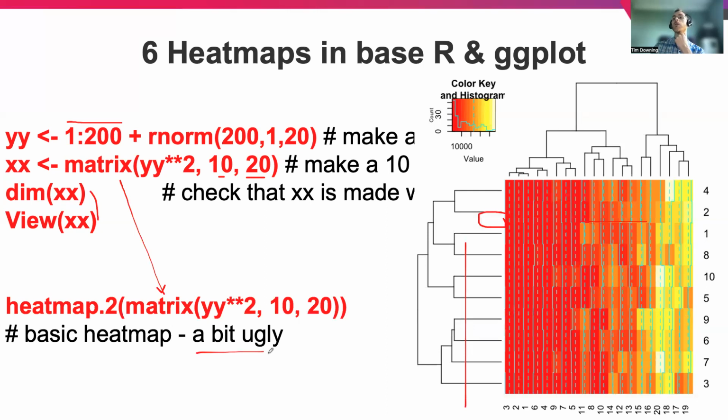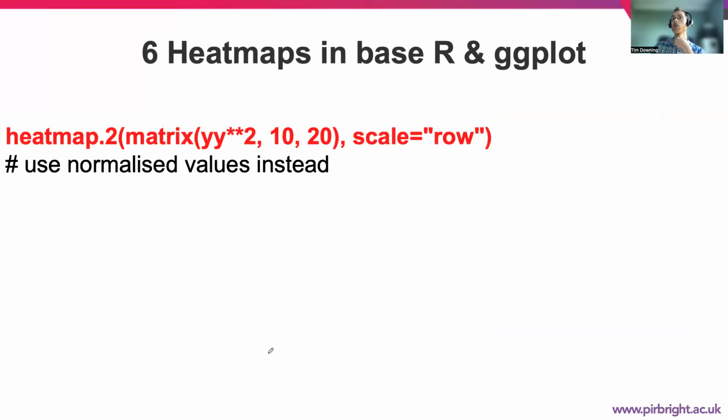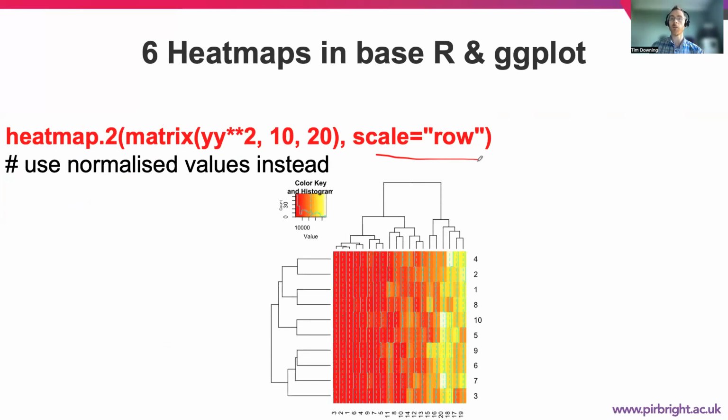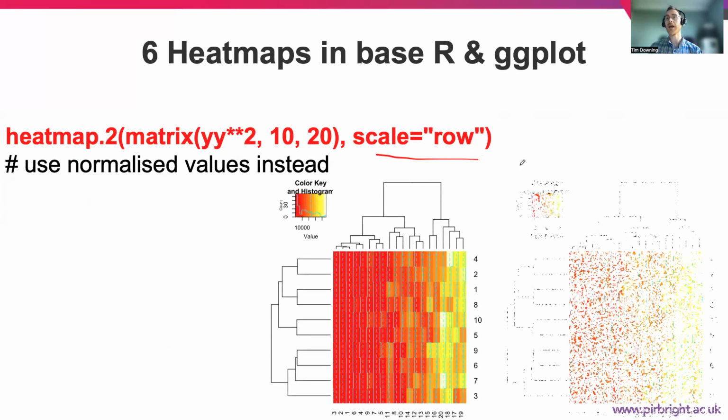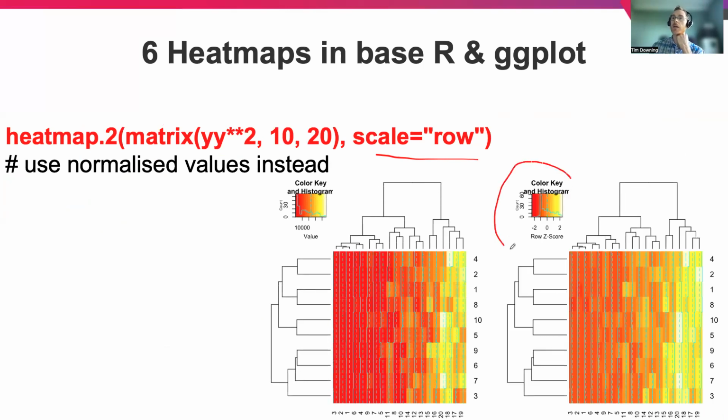We put xx here, and we can also see it's a bit ugly, it needs a bit of work. So what we can do for our values, depending on our approach, is firstly scale them. We're scaling by row, so we're normalizing across the different samples here so that the samples are more comparable to each other. If we do that, we'll see that we went from this original graph, and you note that the legend changes. So we've got Z normalized scores where the mean value is 0.